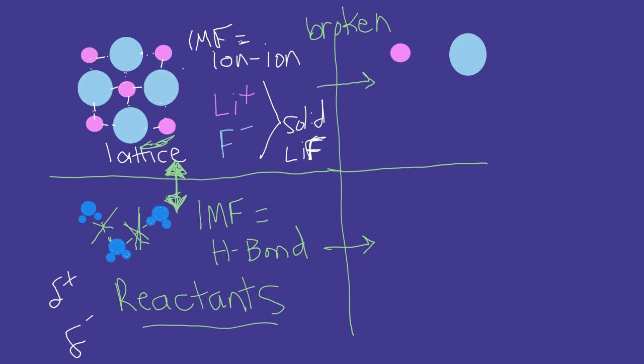And so now what do we not have? We no longer have the IMFs connecting this to make a lattice. These are just ions floating around. And right now they're not floating around in water because we haven't made any connection to water. We've just broken them. Would this ever just happen on its own? No, we're just showing what gets broken in the process. So these are more theoretical instead of the step-by-step which take place.